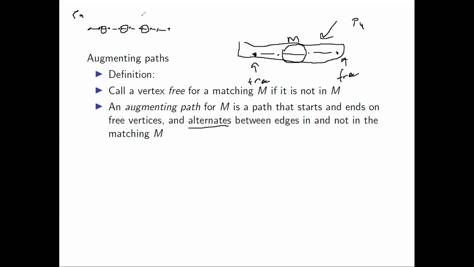So I'll take 3 edges, I guess. And we can see that there are a number of free vertices here. So our free vertices: this one's free, this one at the end is free, and this one actually at the end is free. Now, if we want an augmenting path here, we could take, for example, this path.